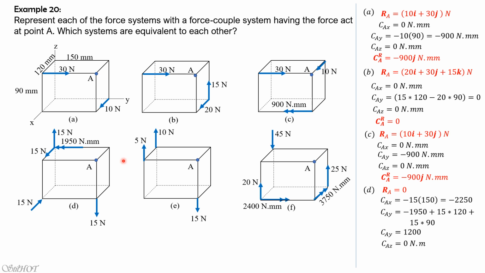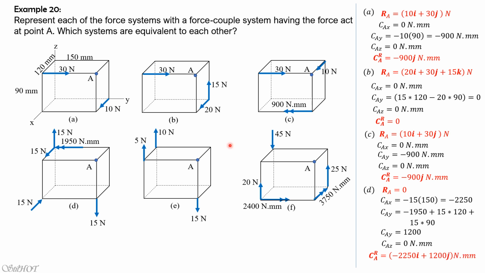So CAZ is 0. Therefore, the resultant couple for the force system in part D would be negative 2250 i plus 1200 j Newton mm.